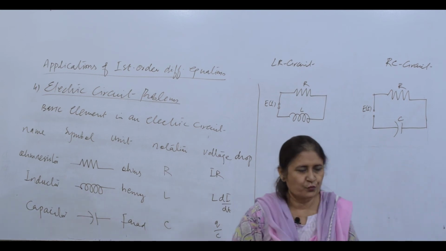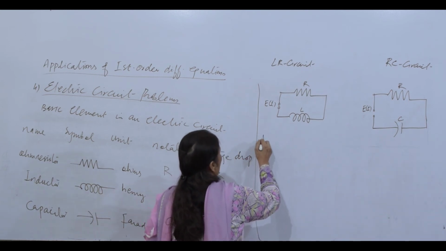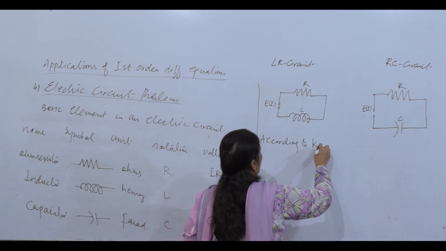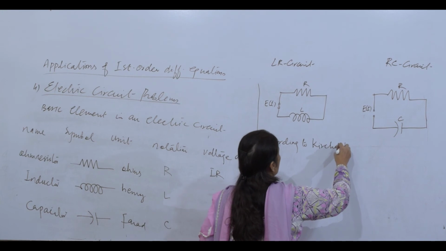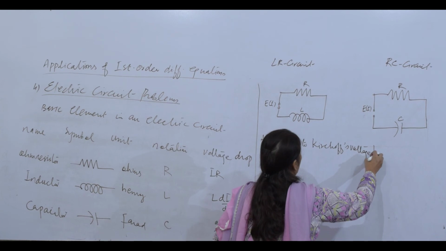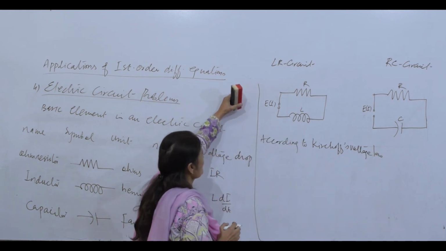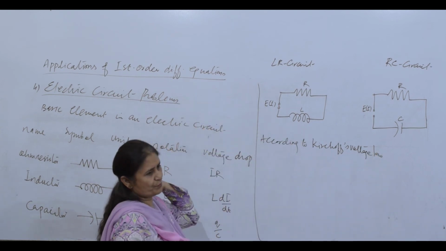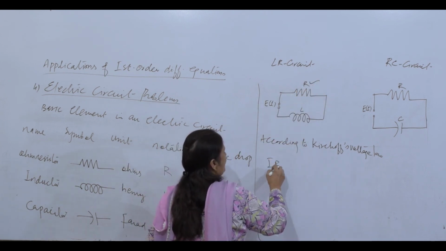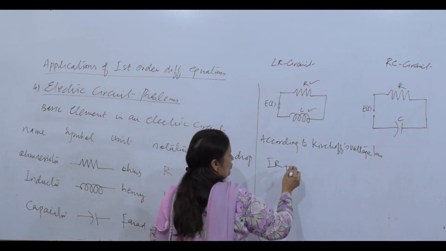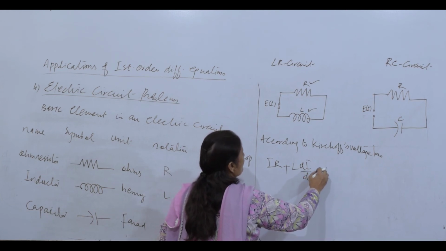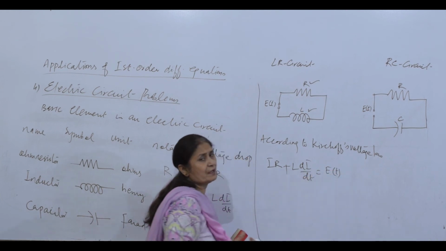According to Kirchhoff's voltage law, the sum of the voltage drops is equal to 0. So the voltage drop across the resistor, IR, plus the voltage drop across the inductor, L di by dt, is equal to the total voltage supplied by the battery.